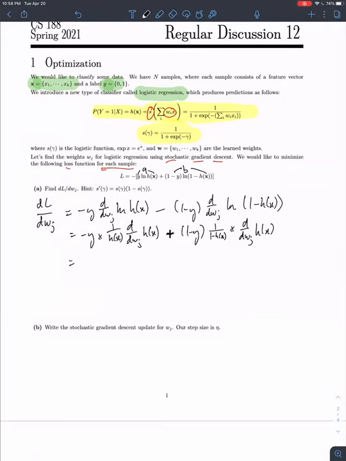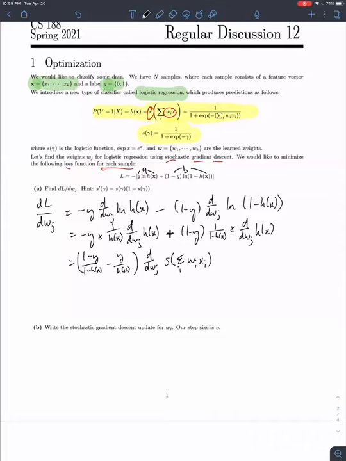So now grouping our terms, what we have is 1 minus y on 1 minus h of x minus y on h of x. All this times d dwj h of x, right? So what is h of x? So h of x is just equal to s of w dot x, right? So s of sum over i wi xi, right?